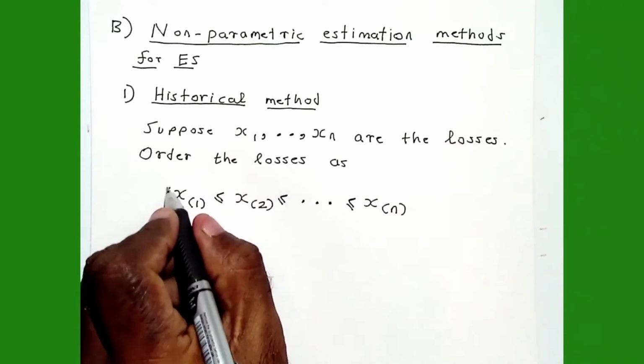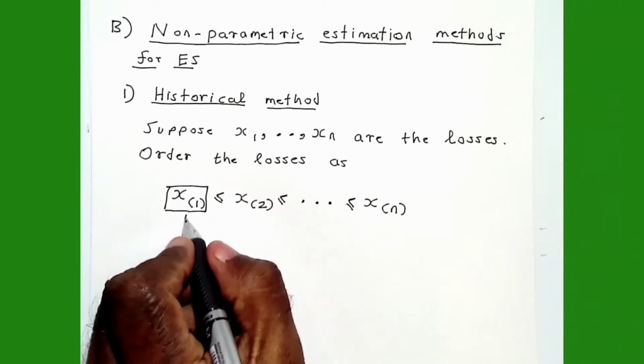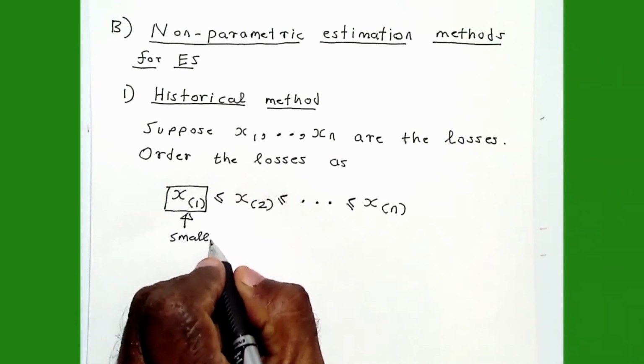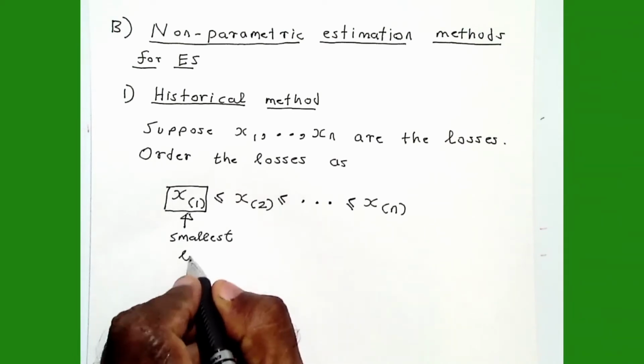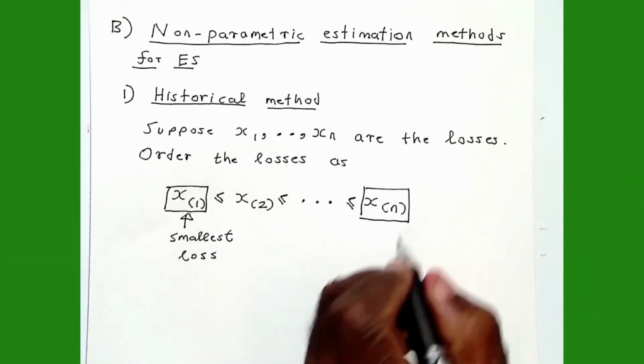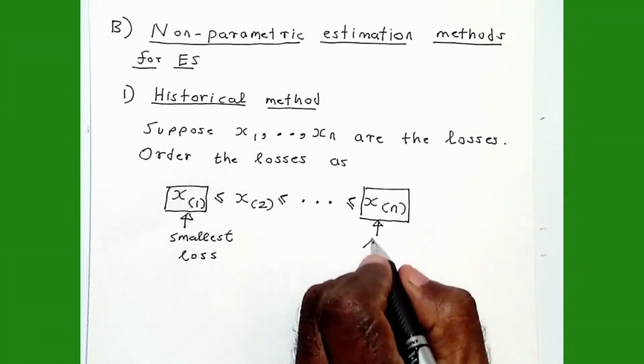So this is the smallest of the losses, and this is the largest of the losses.